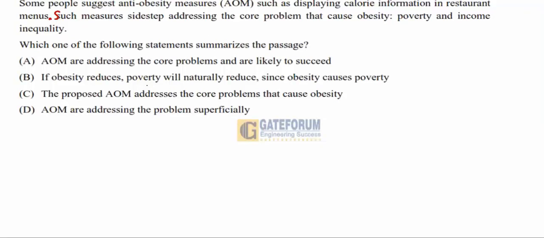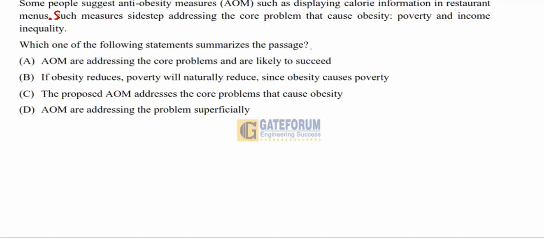Some people suggest anti-obesity measures such as displaying calorie information in restaurant menus. Such measures sidestep addressing the core problem that cause obesity, that's poverty and income inequality. Which one of the following statements summarizes the passage? See, the first statement is AOM are addressing the core problems and are likely to succeed.